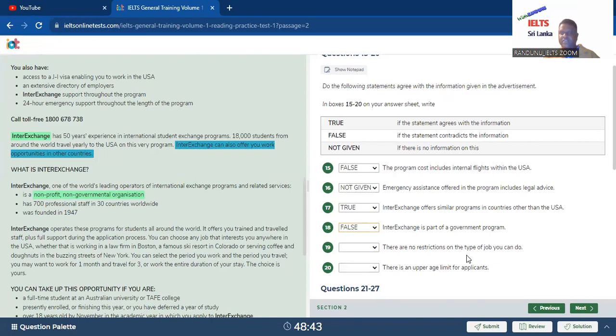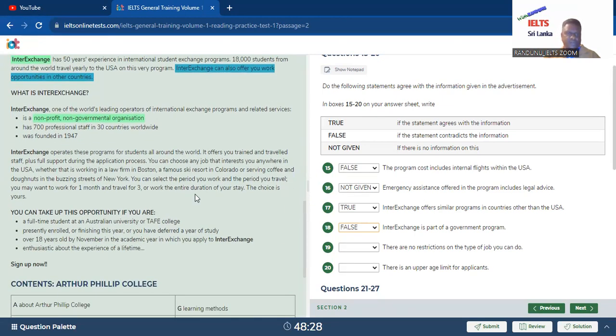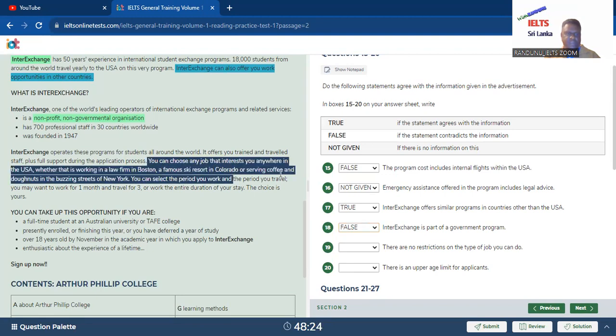Next: there are no restrictions on the type of jobs you can do. That means you can do different kinds of jobs, right? Is it true or false or not given? If you read here, you will find the answer.